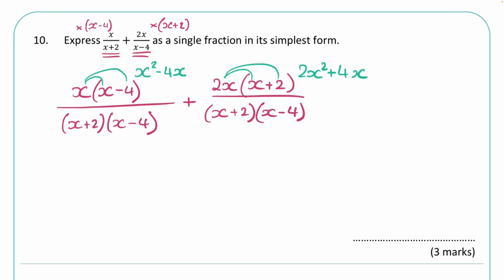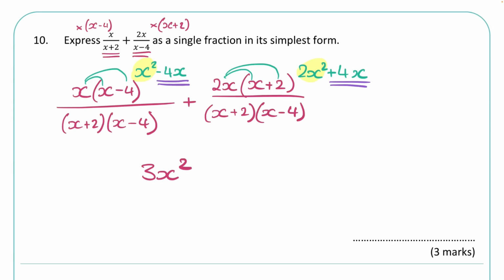Now if we look at what we have on the numerators now, we have an x squared, which we are adding to a 2x squared. So our new numerator will have a 3x squared, and we also have this minus 4x and a plus 4x, and they actually cancel each other out, so we're not going to have any x's on our numerator.